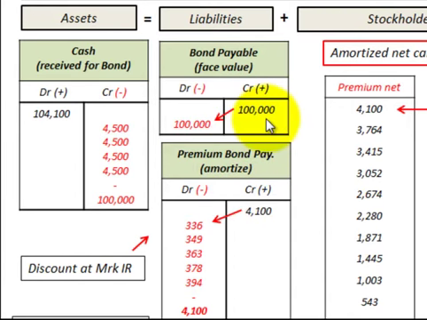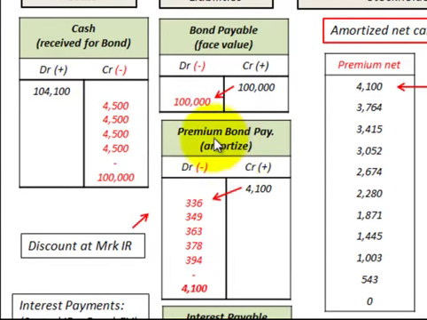We get $100,000 plus the $4,100 as a credit balance, which equals the $104,100 debit balance. What we're going to do with this premium is amortize it down to a zero balance. So when the bond matures, the carrying value will be equal to the bonds payable amount of $100,000.